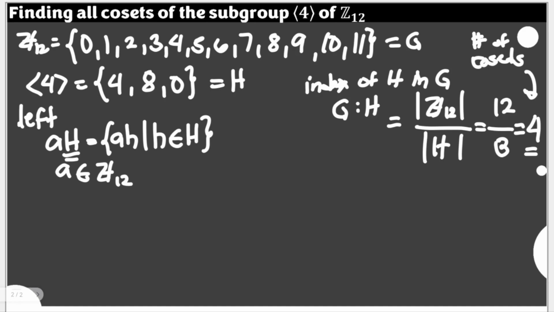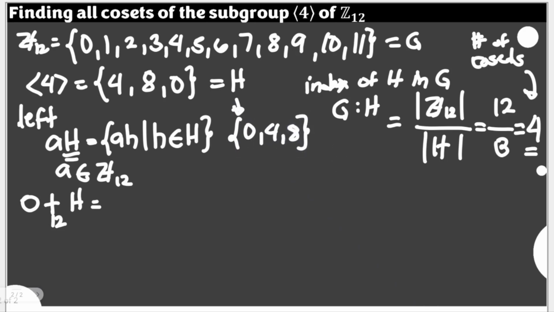Take note that our group is Z12, which means we're talking about addition modulo 12. So the first element of our Z12 is 0. We're going to have 0 plus H, but this plus is addition modulo 12. That means we will be adding 0 to all the elements of our H. Let me rewrite H in this manner: 0, 4, 8.